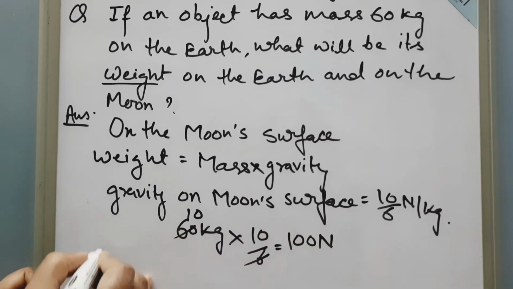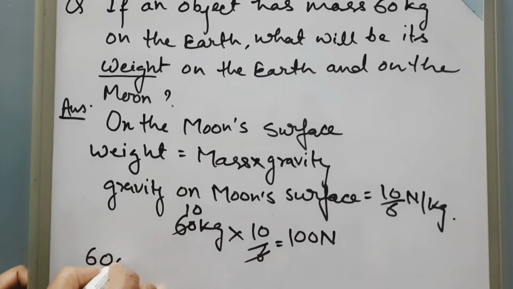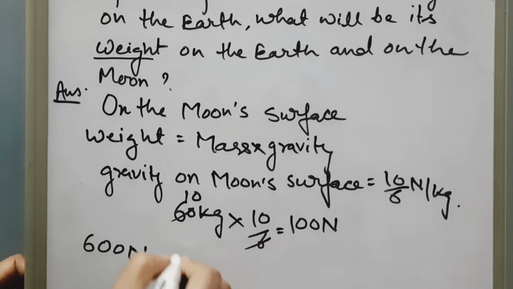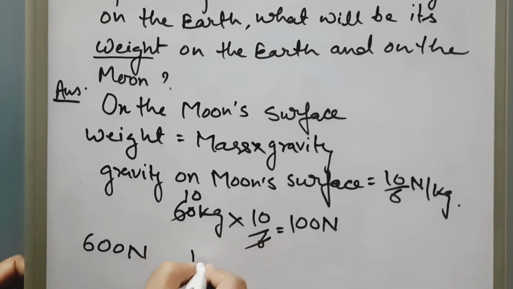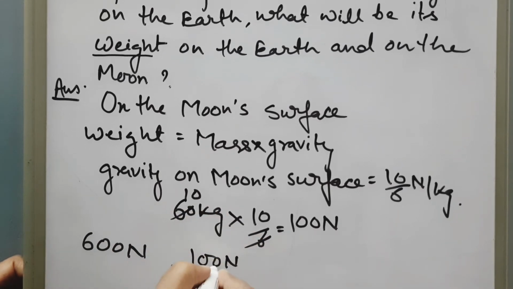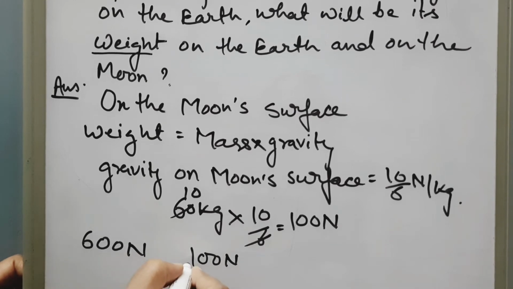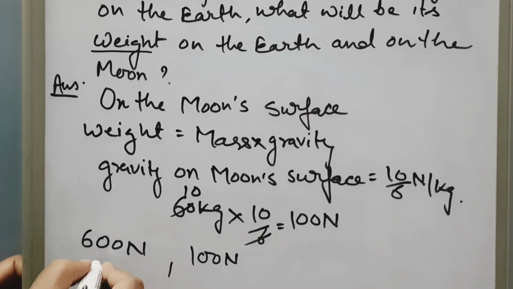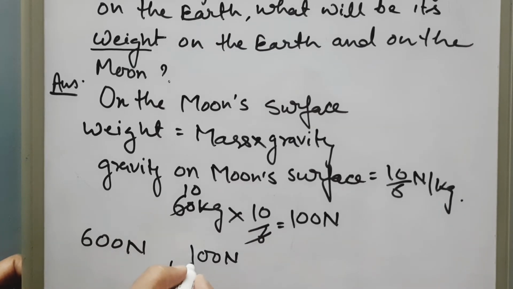So we can compare that 600 Newton was the weight on Earth's surface and the same object will weigh 100 Newton on moon. So that's the difference in weight and mass. Mass is a fixed quantity, whereas weight changes from place to place.